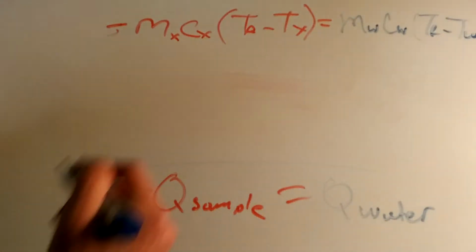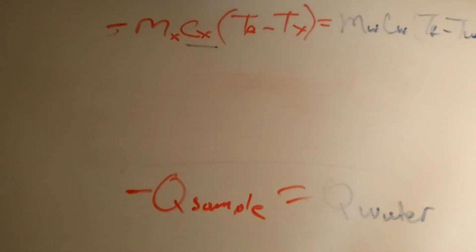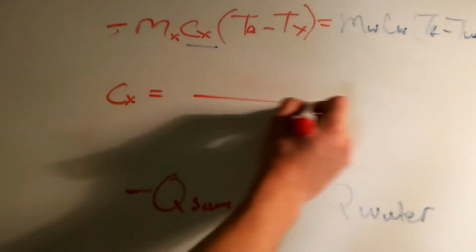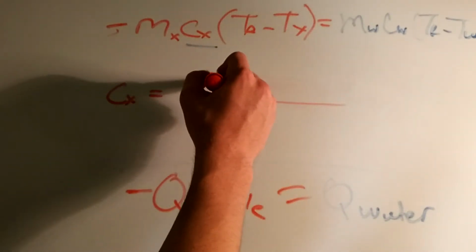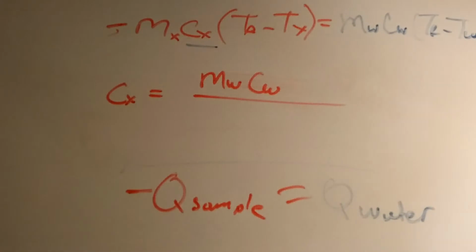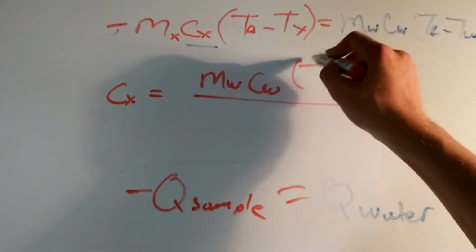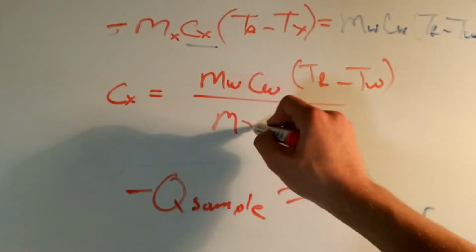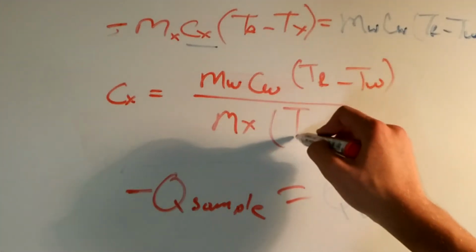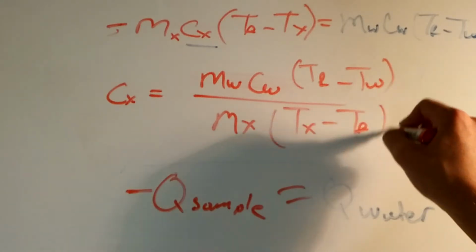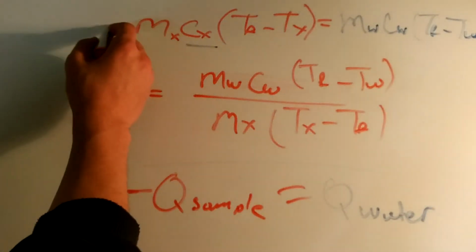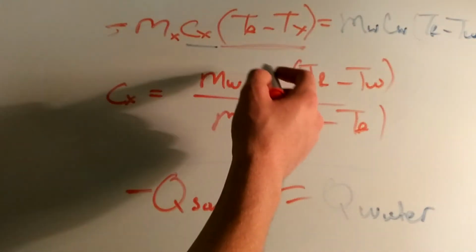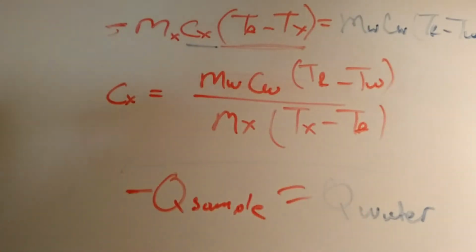Now, since we're looking for Cx, we can modify this equation, and for Cx we'll get the mass of the water times the specific heat of water times the temperature difference over the mass of the substance times, now here we have Tx minus Tf, since we have a minus, and if I multiply this minus with the values in the brackets, we'll get Tx minus Tf.